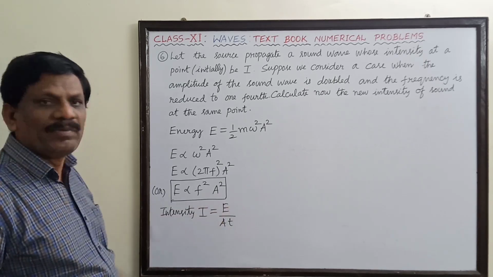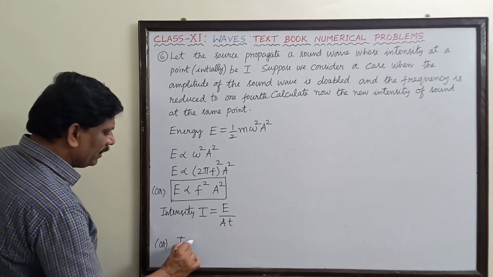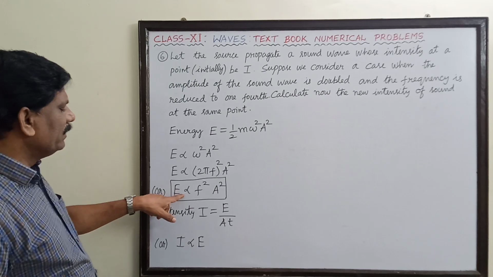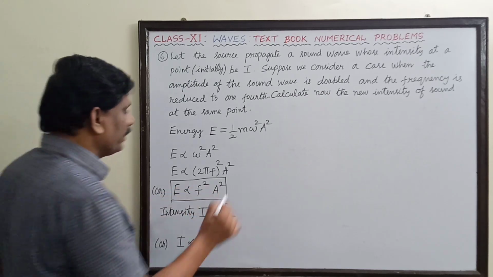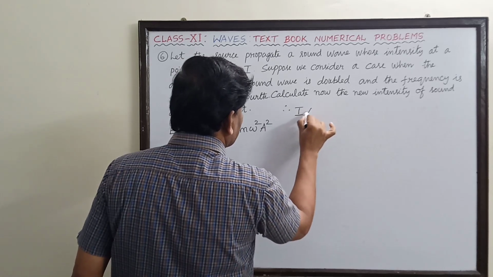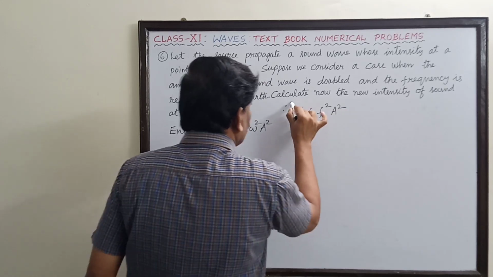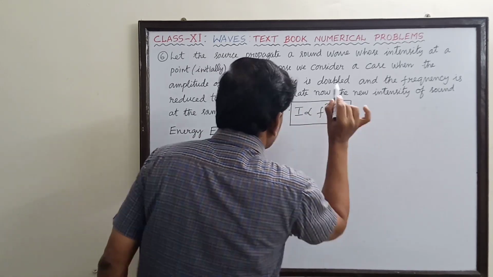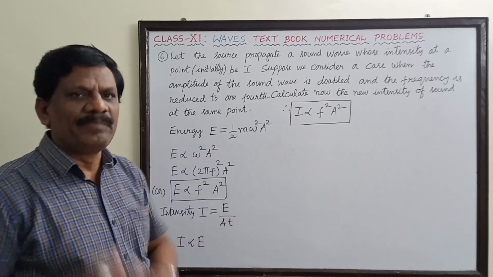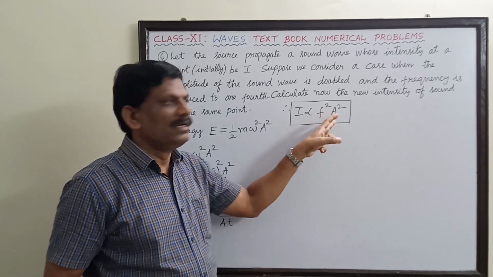Therefore I is directly proportional to E. And again E is proportional to f square into a square, therefore I is also proportional to f square into a square. So this is the actual expression we require: the dependence of the intensity of the wave on its frequency and amplitude.